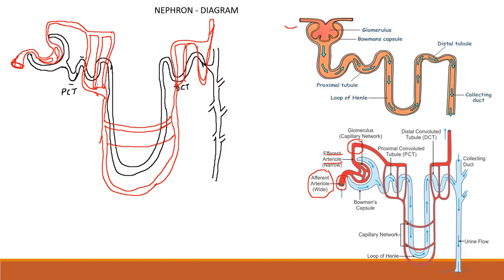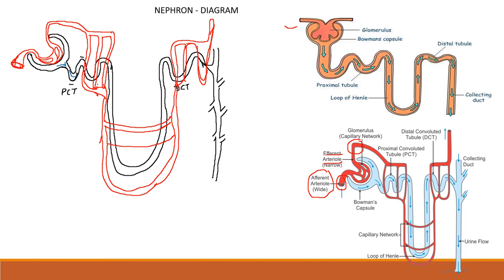Right, now you have to show the flow of urine. Okay, so when blood comes into the Bowman's capsule, due to the pressure exerted by the afferent arteriole and efferent arteriole, because the diameter of afferent and efferent arteriole is different, we will definitely get a filtrate over here.